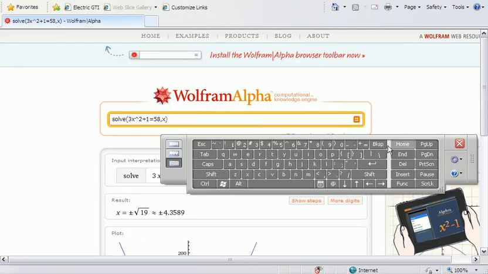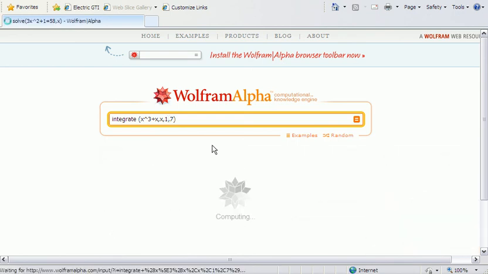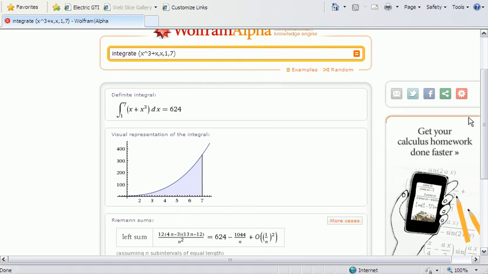So we're back here. And let's get an answer. So instead of solve, I'll have integrate. Integrate x cubed plus x as x varies from 1 to 7. 624. Okay, so we'll take that answer back.